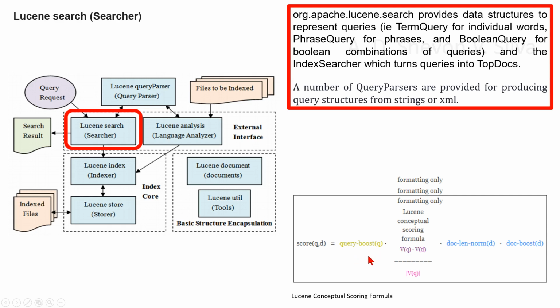A document may match a multi-term query without containing all terms of that query. So this is the coordination correction for some of the queries. Under a simplifying assumption of a single field in the index, we get the Lucene conceptual scoring formula here.